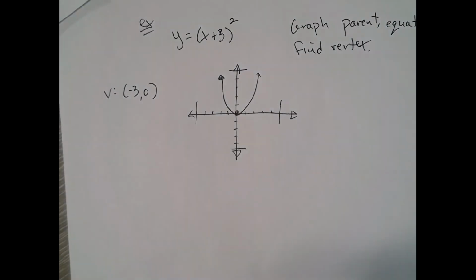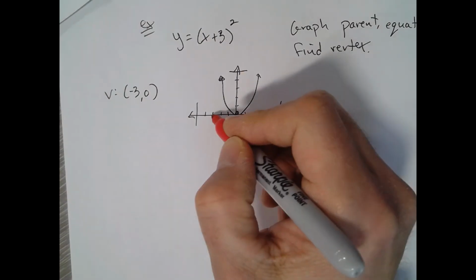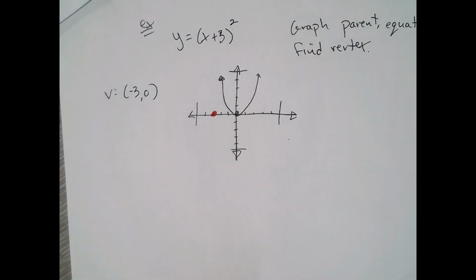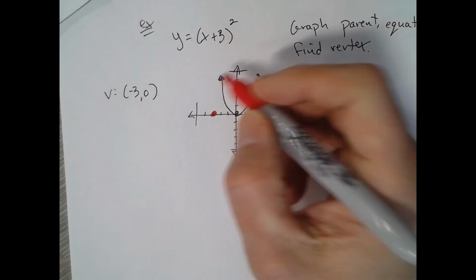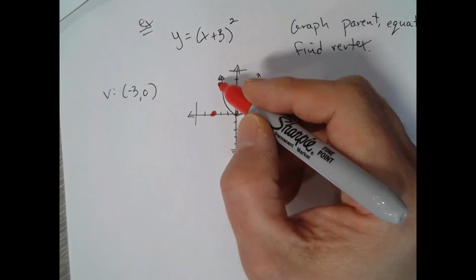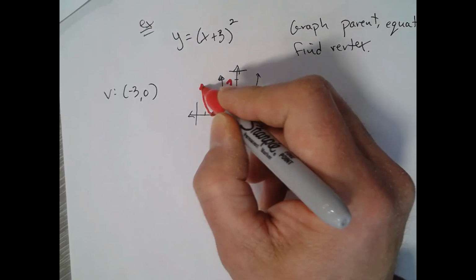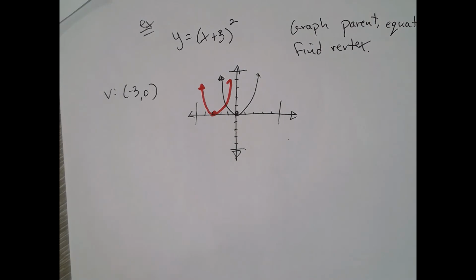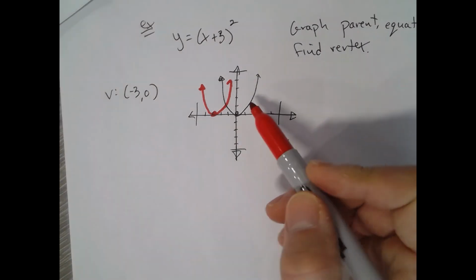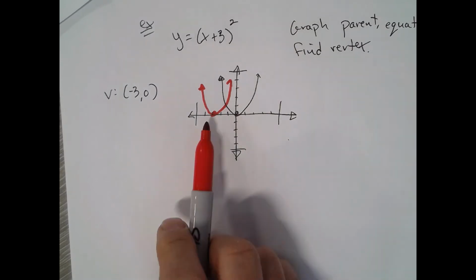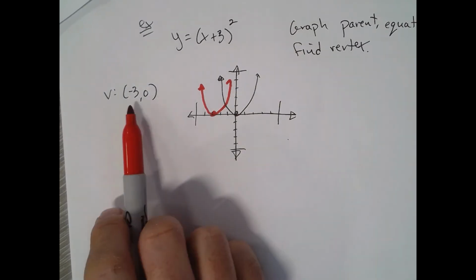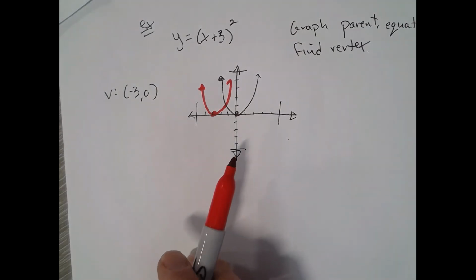So my new spot, 1, 2, 3 is right here. And it still opens up. It's not skinny or wide, it's the same shape. So we graph the parent, we graph the equation, and our vertex is -3, comma 0, because it got shifted 3 to the left.